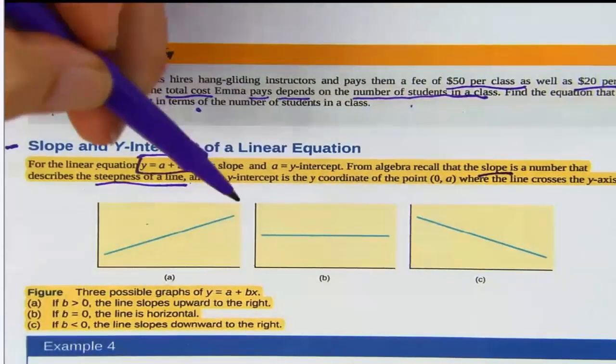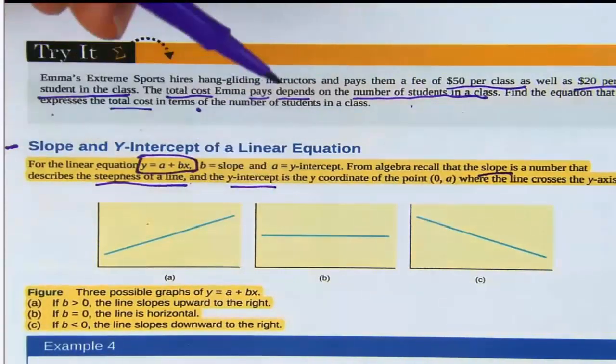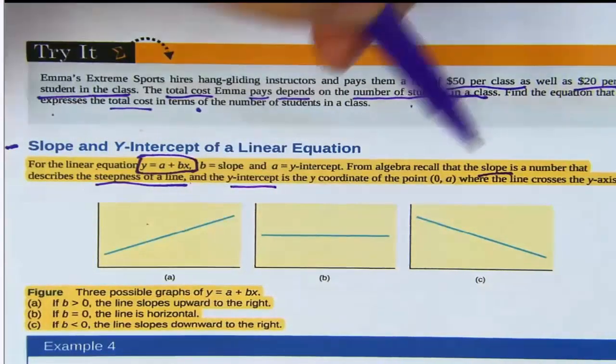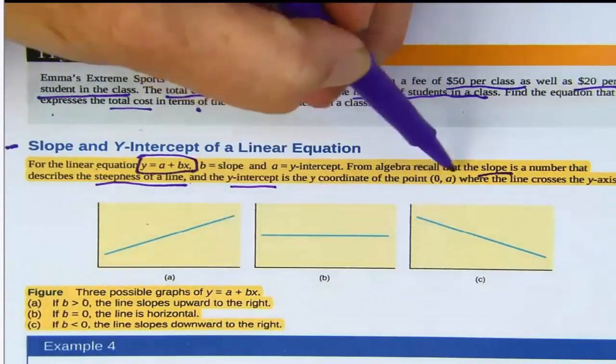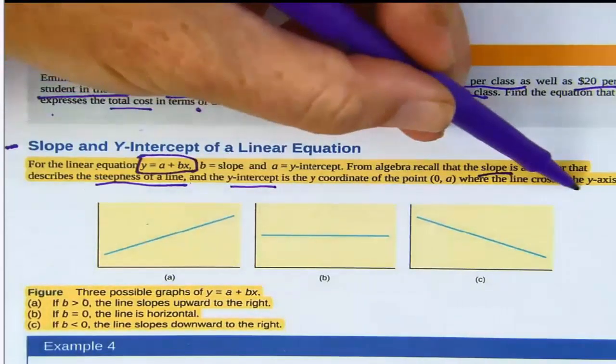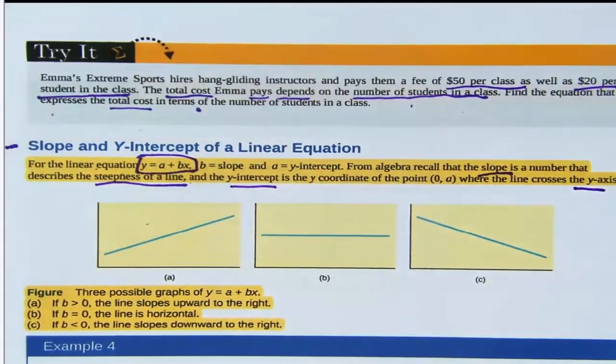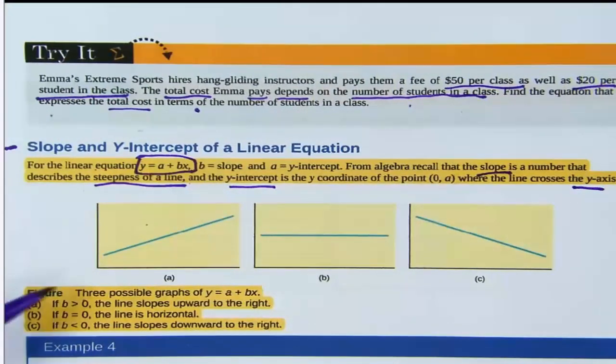And of course, your y-intercept is the coordinate of the point (0, a), where the line crosses the y-axis. Okay, so recall from algebra, there's three different possible graphs of the linear equation.